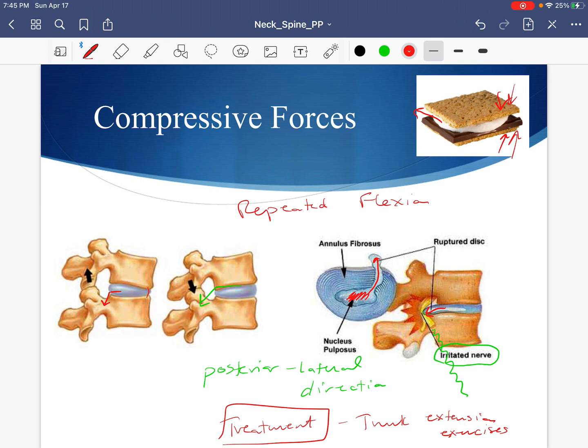Because knowing what we just talked about, if you push the front ends of the graham cracker together, the marshmallow is going to scoot out the back, just like a real disc bulges out the back, posterior lateral. So the mainstay of treatment is trunk extension. There's a whole training you can take called McKenzie extension exercises. The idea is if I do extension, I'm trying to smush that marshmallow back.